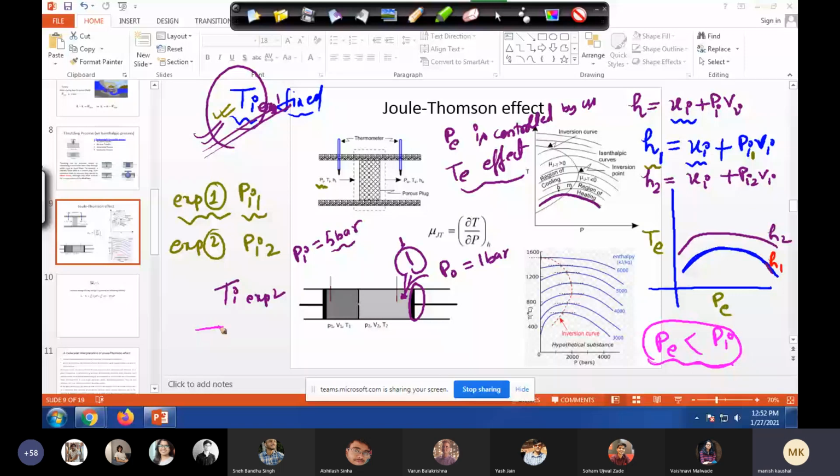How can we justify mathematically that sometimes T can be less than Ti and still H is the same? So this we haven't proved mathematically.